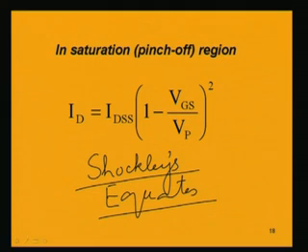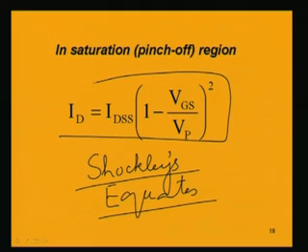This equation gives you the value of the drain current, which is given by IDSS into 1 minus VGS by VP, whole square. So, VGS is the gate to source voltage, VP is the pinch off voltage.